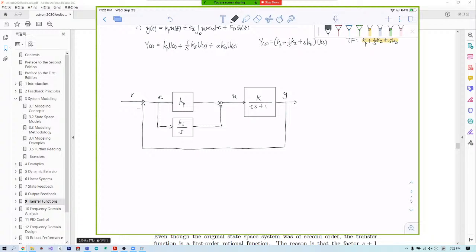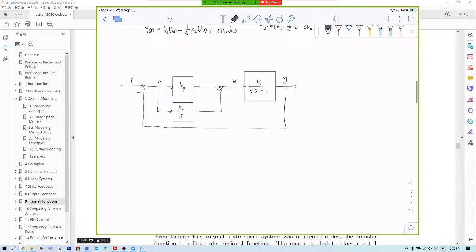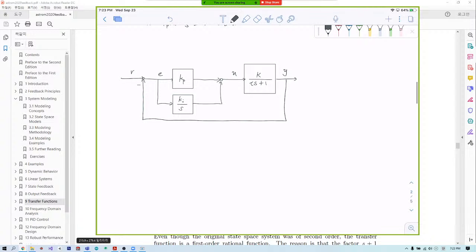So what we want to do is find out the transfer function that brings R to Y. Let me just write everything in uppercase to indicate that we're in the Laplace domain.